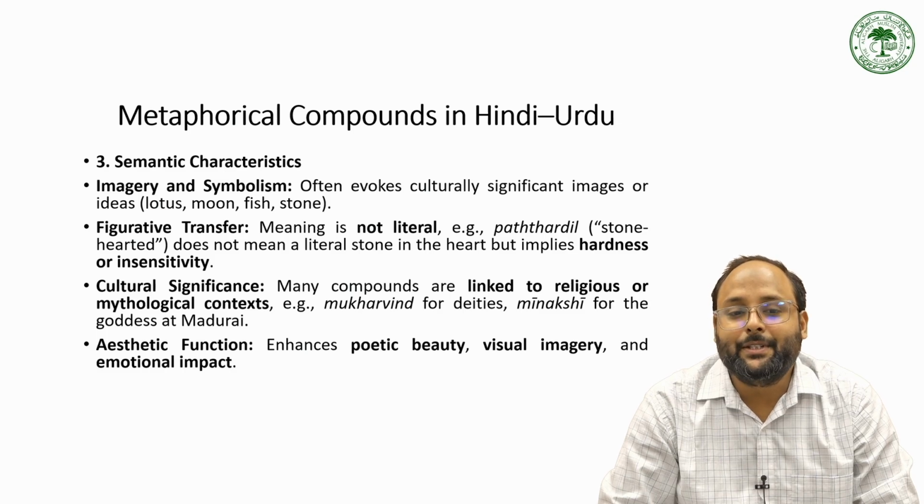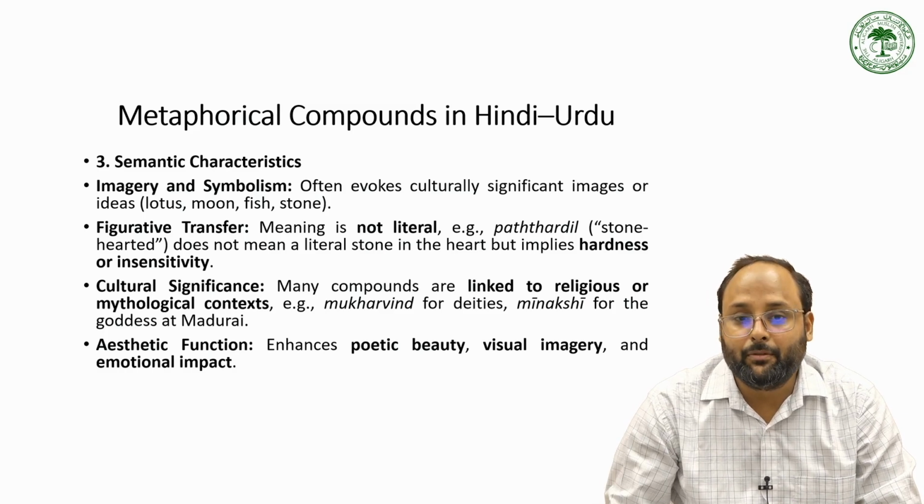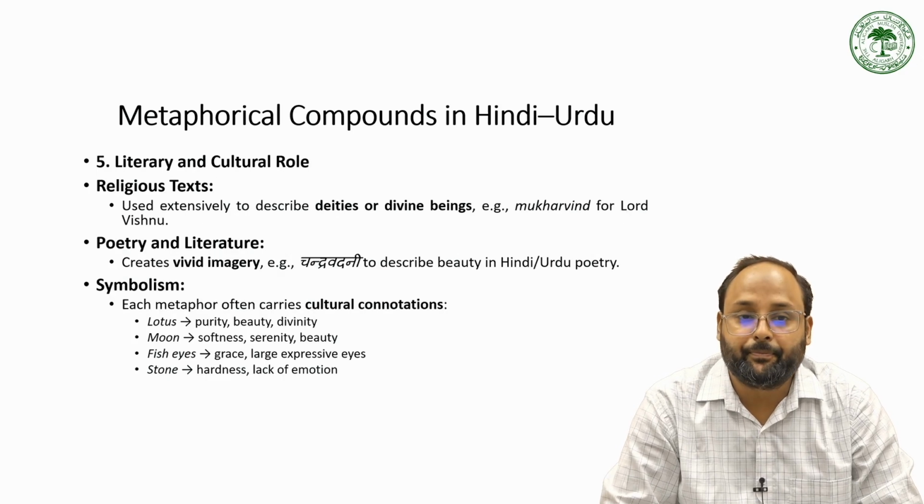So aesthetic function means something is related to poetry, something is related to arts. So how we can get some enjoyment while we are reading, or some connection, some emotional impact while reading all these things. So it has the metaphorical component, and also has the aesthetic function.